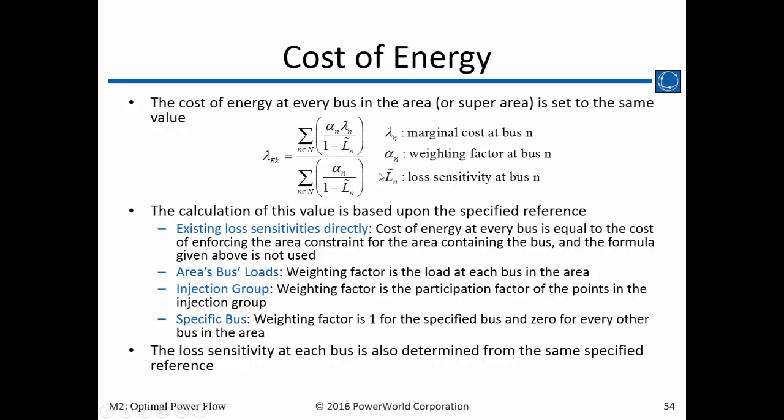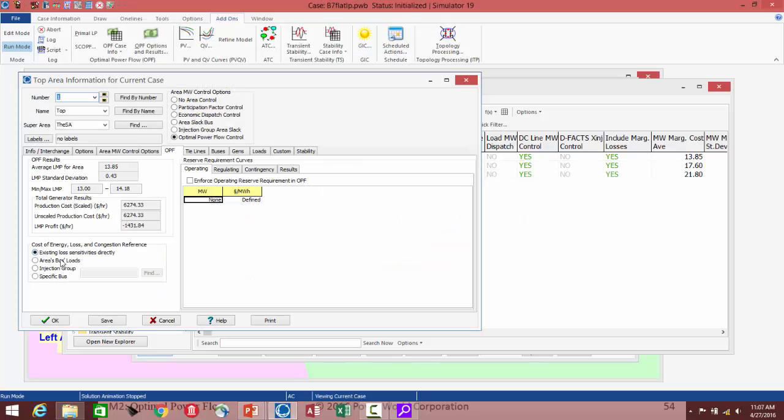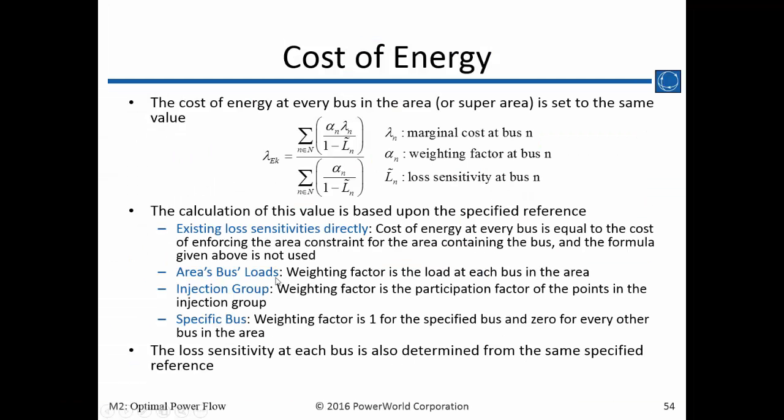So it's a weighted average of all of the LMPs in the area. The only thing is the alpha varies depending on which method you select. If you choose the area's buses load option, which is the second one right here, then the alpha is just the load at each bus.